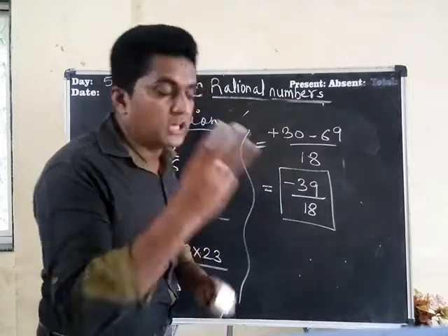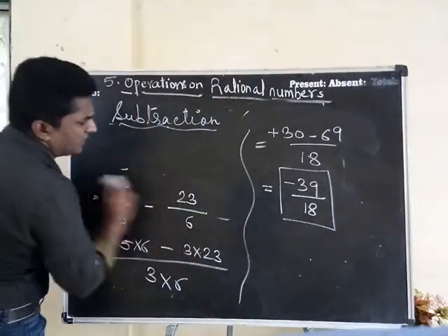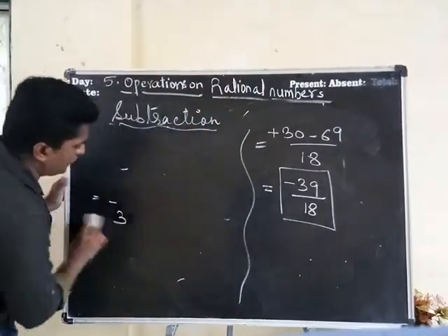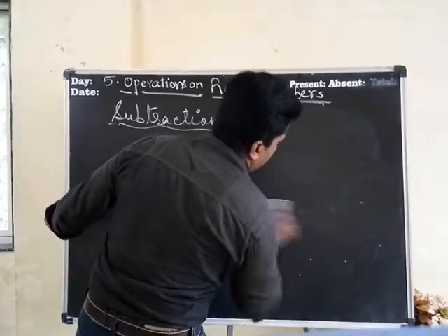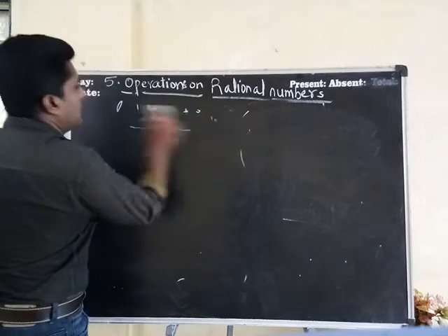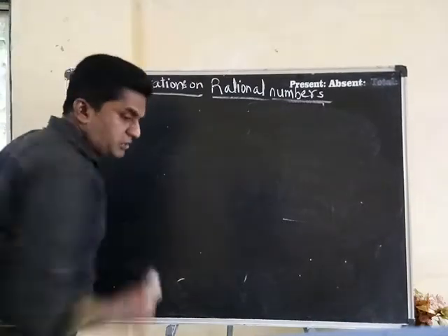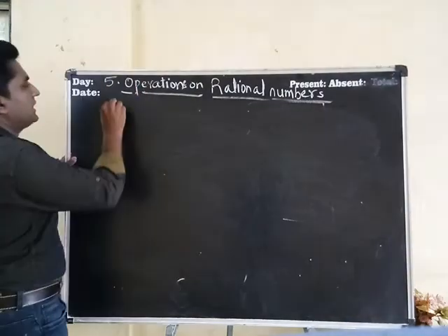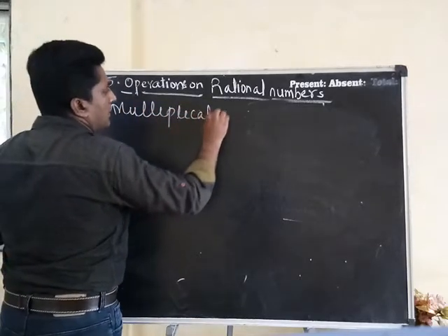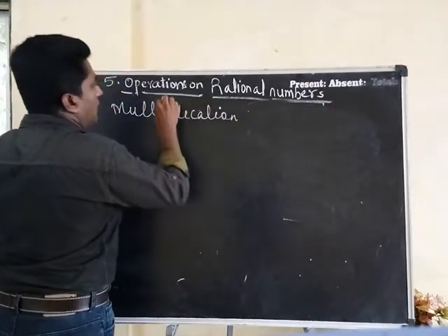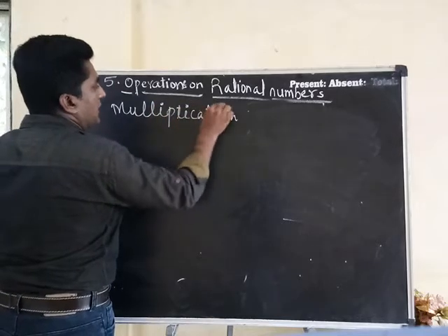Now let us come to the third one. Let us see what it is. That is very easy. Again I will show you the next one, and that is like multiplication. That is what? Multiplication. So I will write here multiplication.